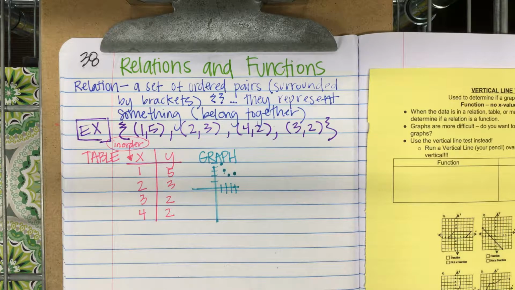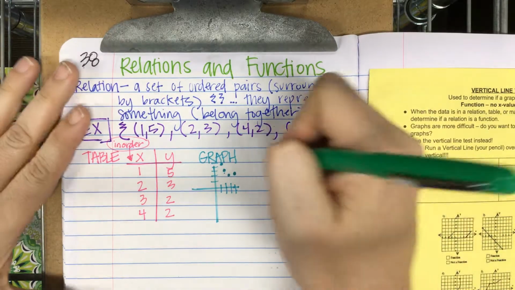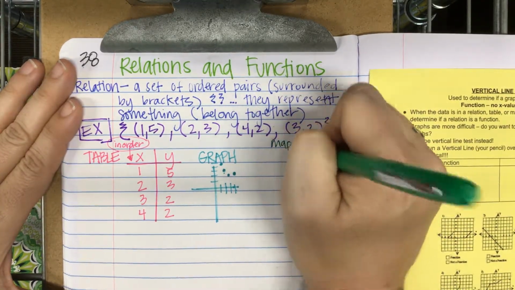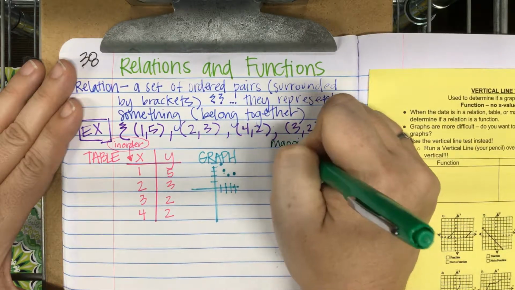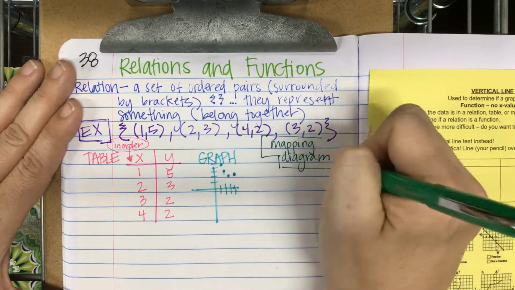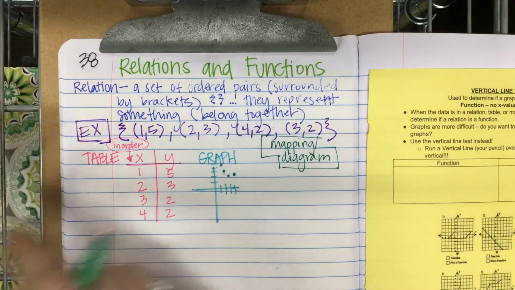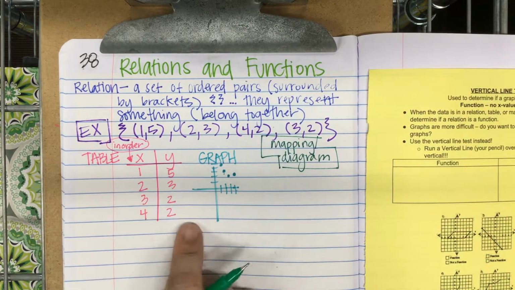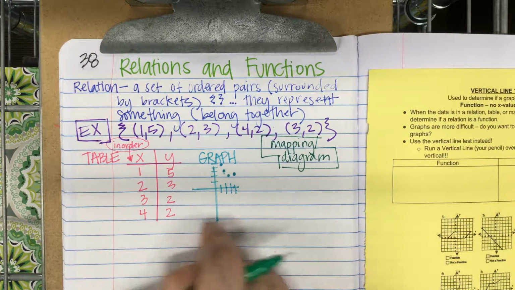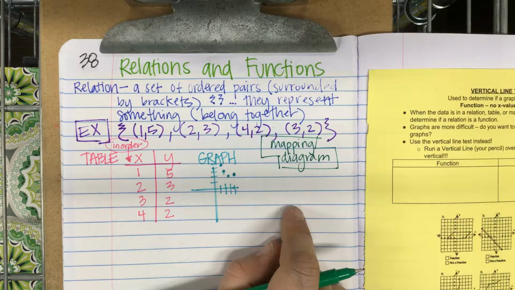Here's the one that is bizarre. You could put it into a mapping diagram. This thing is new. Hopefully you've seen a table before. Hopefully you've seen a graph before. Mapping diagram is the new thing.